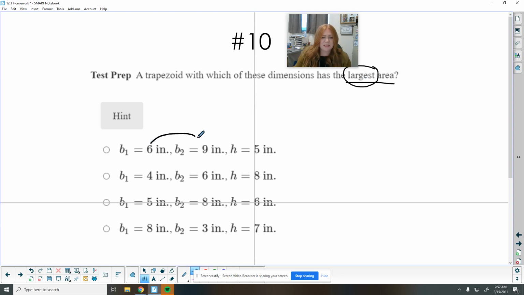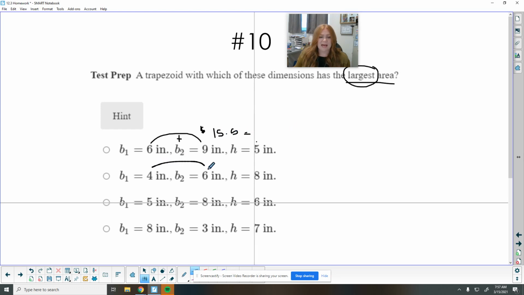So we're going to add our bases times by the height. And I don't even really need to cut it in half for this one, because whichever one has the biggest to start is going to be the biggest even after we cut it in half. So I can see that 6 plus 9, we need to add our bases. 6 plus 9 is 15, and I would times that by 5 to see what that equals.